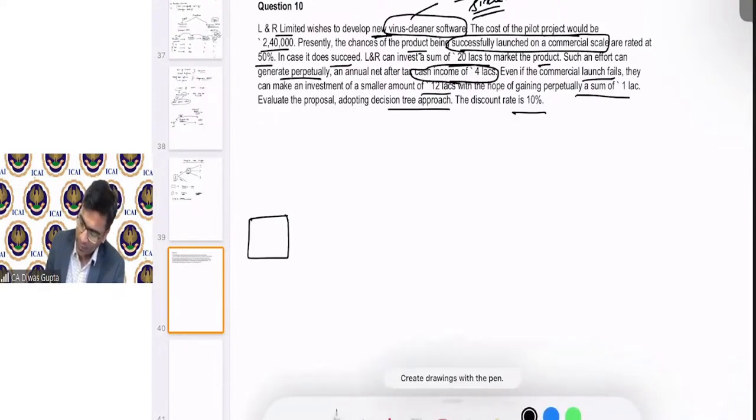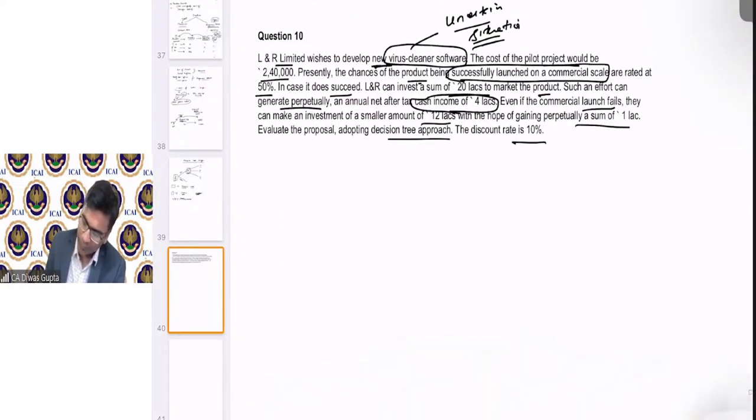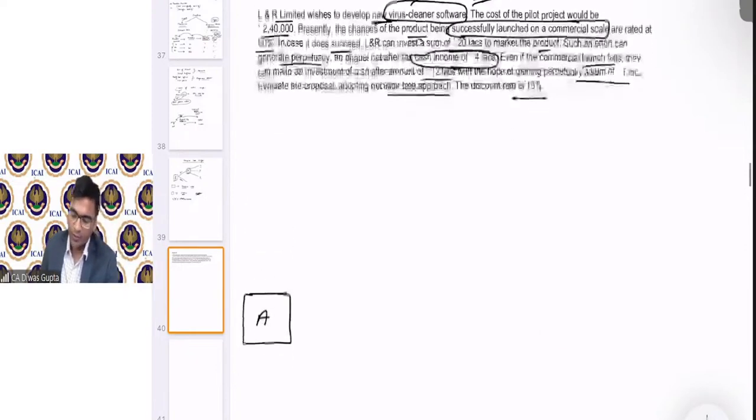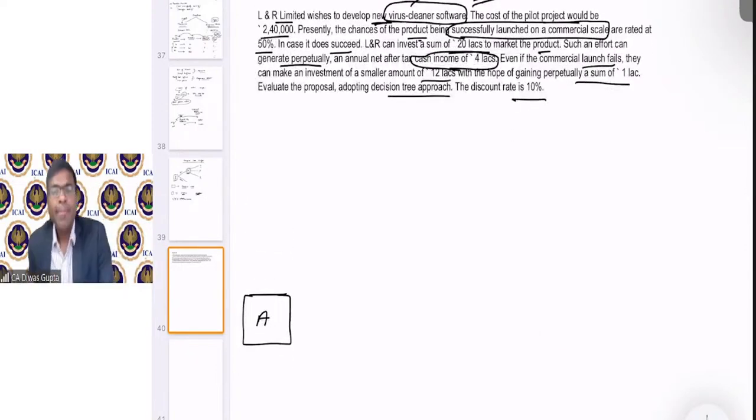Let me put it a bit down. Let's keep in mind what all things have been given to us in the question. First of all, we are standing on A, which is a decision node. What is that decision? That decision is whether to do the pilot or not. I'm starting from the very first step.